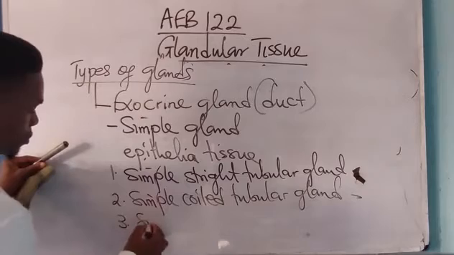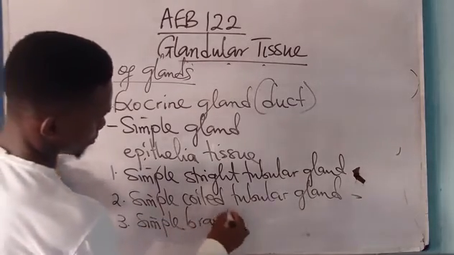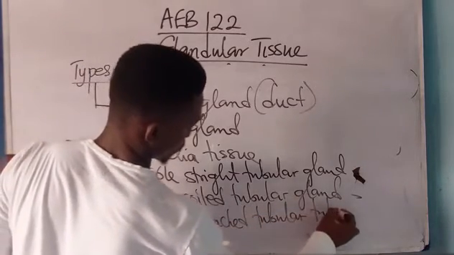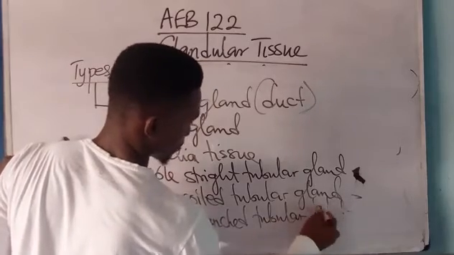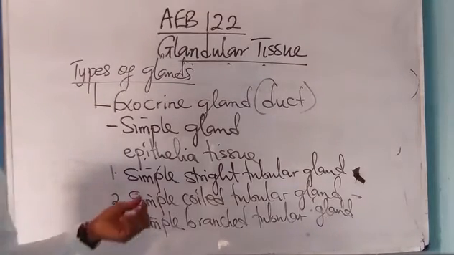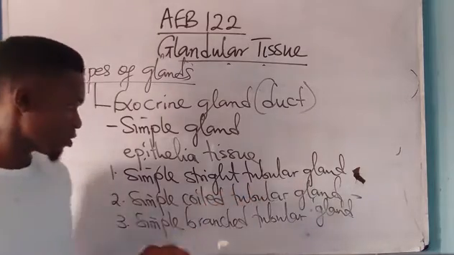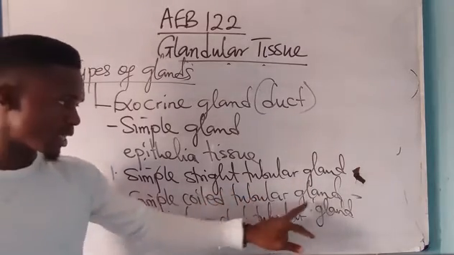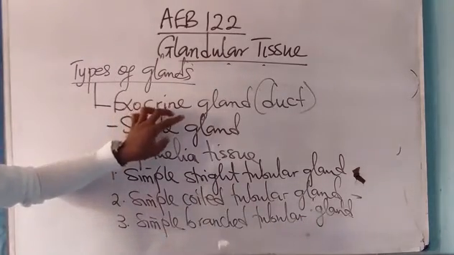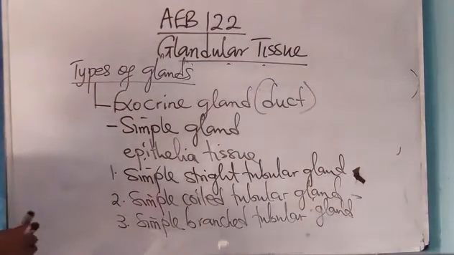And three, we have simple branched tubular gland. So these are the three examples under simple gland. But what I'm going to be giving us is the examples. I don't have time to start explaining.